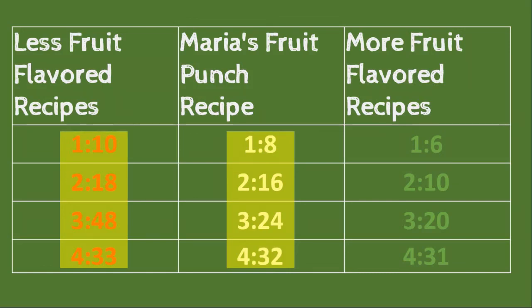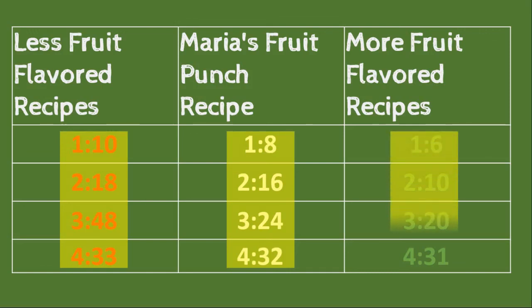In the next row, 2 to 18. 18 is a bigger number than the number 16. So again, it's less fruit. In the third row, we have 48 compared to 24, which again is a bigger number. So it's less fruit. And finally, 4 to 33 compared to the original recipe, which is 4 to 32, is slightly bigger, but also becomes less fruit flavored recipe.